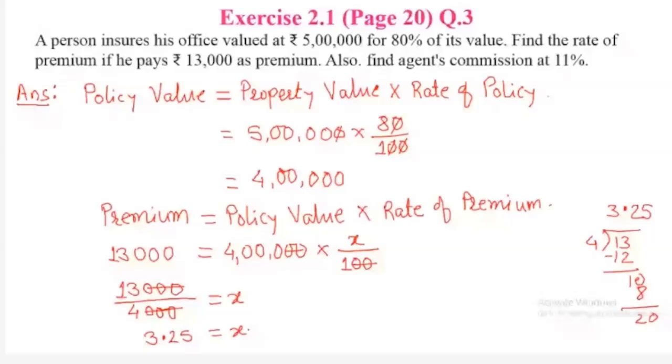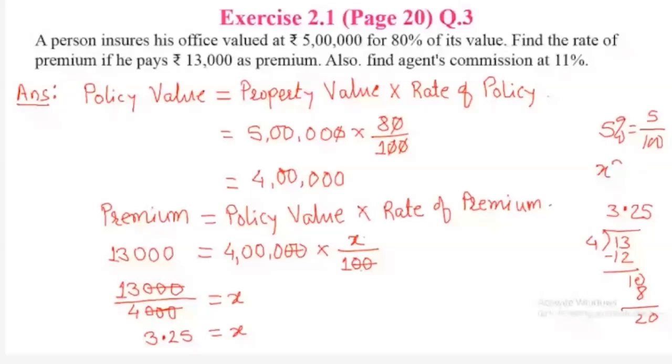Any rate by default it will be in percent form. So 3.25 percent form में ना तो X upon 100. If it is 5%, how do you write 5%? 5% is 5 upon 100.